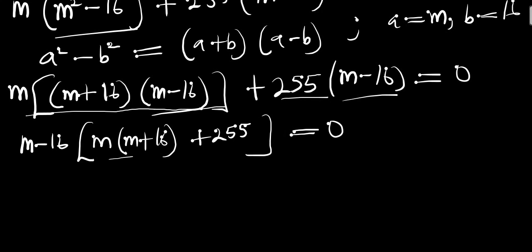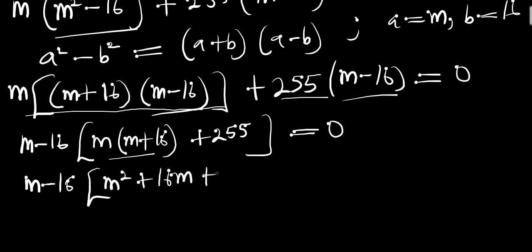So let's multiply what we have inside this bracket out. We are going to have m minus 16 into m squared plus 16m plus 255, and this equals 0. So that means we have two equations.